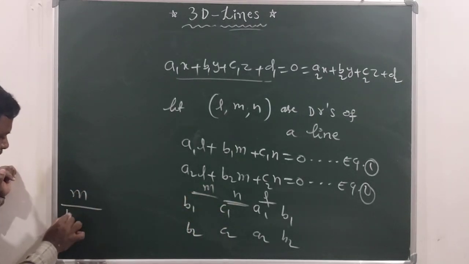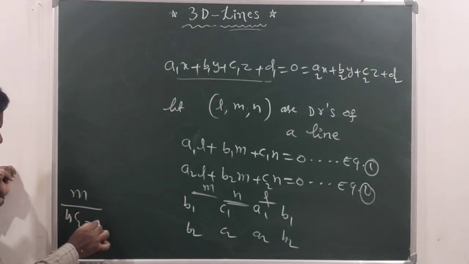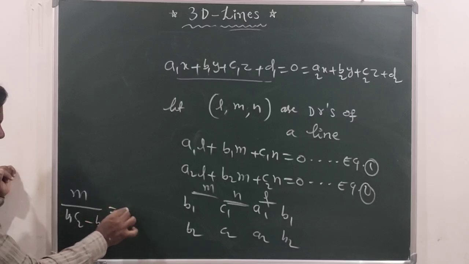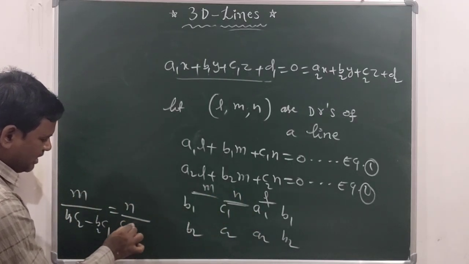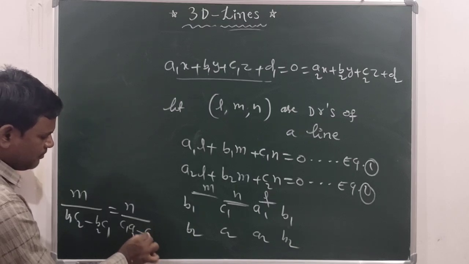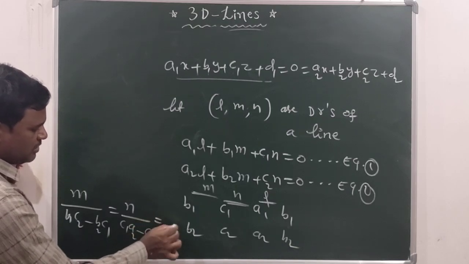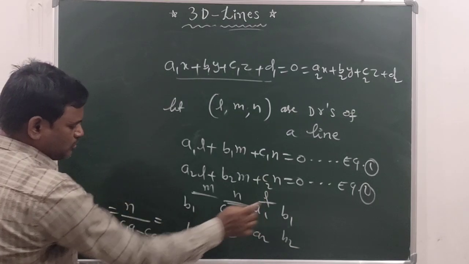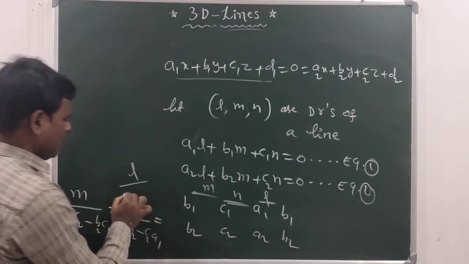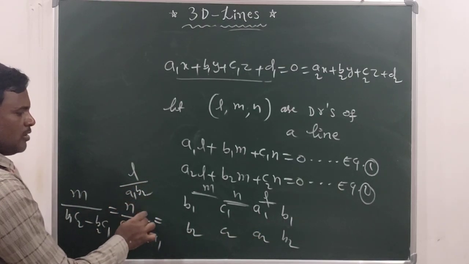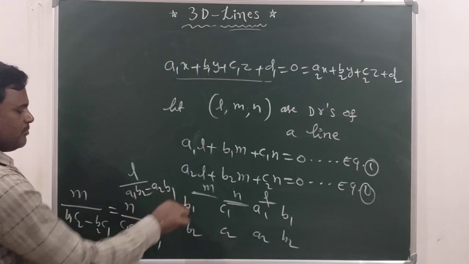So here you get B1 C2 minus B2 C1, which is equal to N by, take this 4. So you get here C1 A2 minus C2 A1, which is equal to, so here students, L by A1 B2 minus A2 B1.